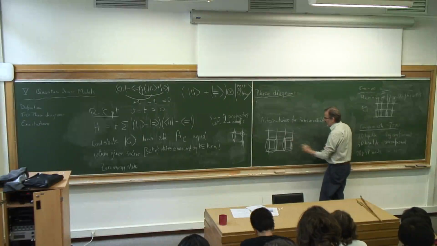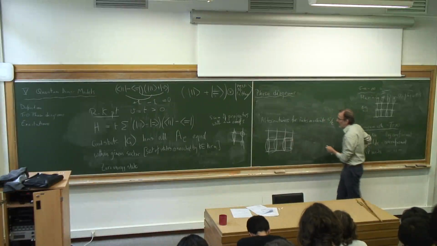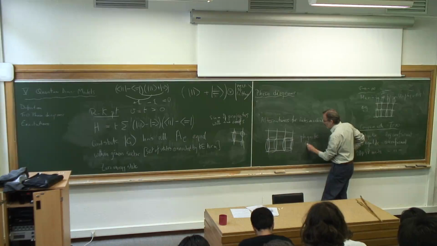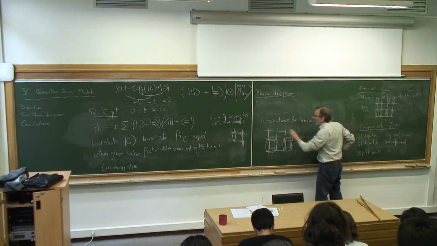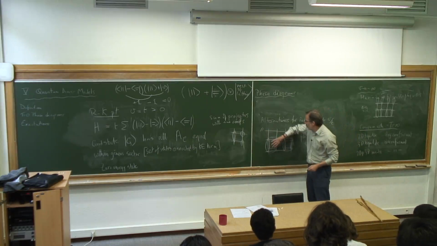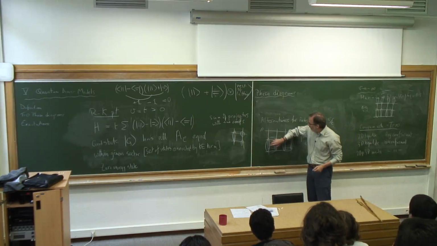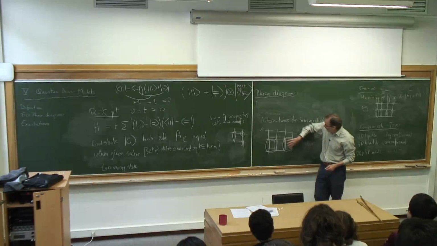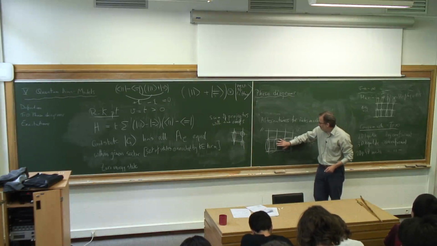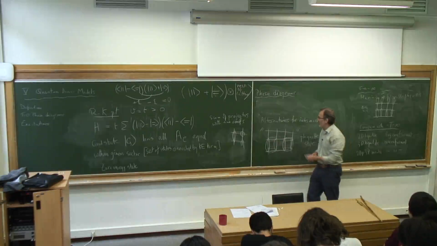This is something that's found in simulations and called a plaquette state. What I mean is that the dimers resonate around this plaquette roughly independently of the dimers around this plaquette, but the probability to have dimers on these bonds, say, is lower.